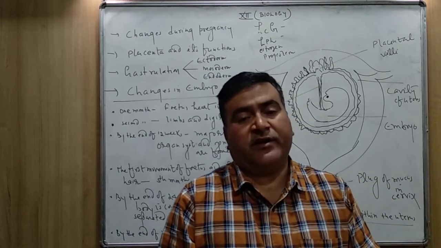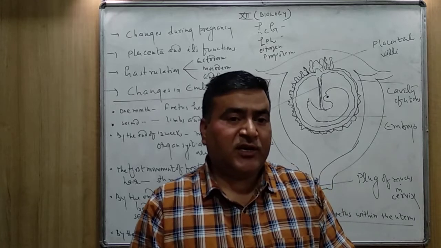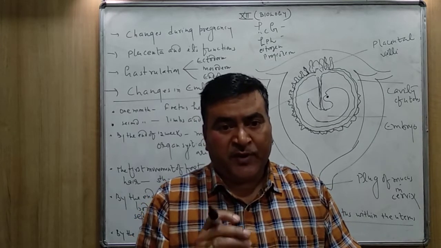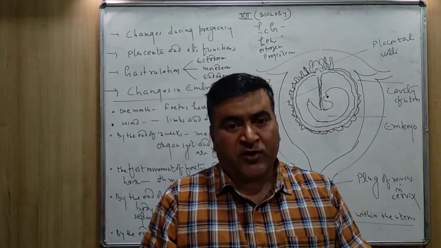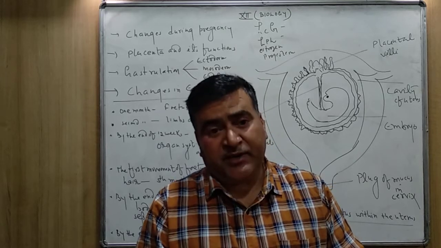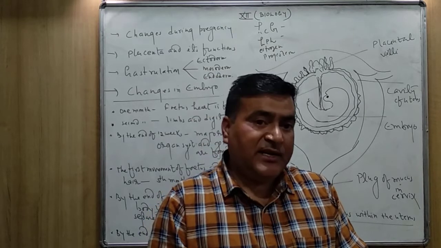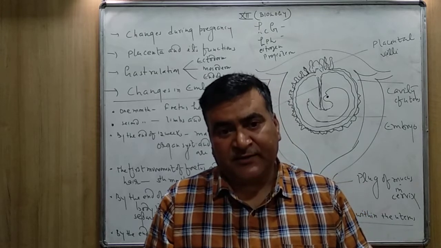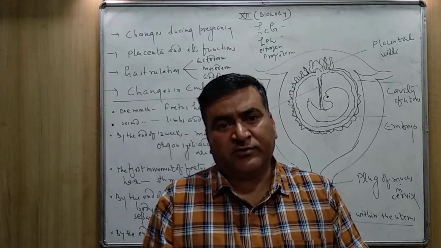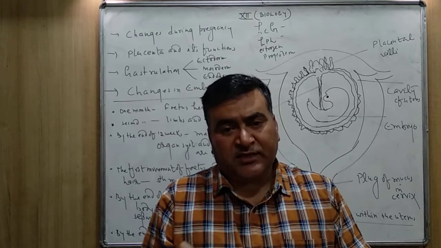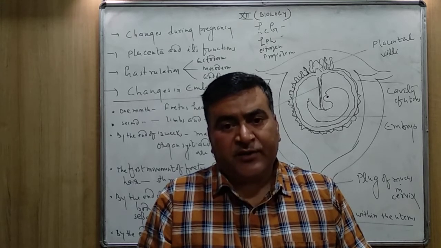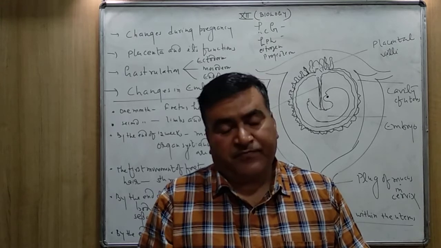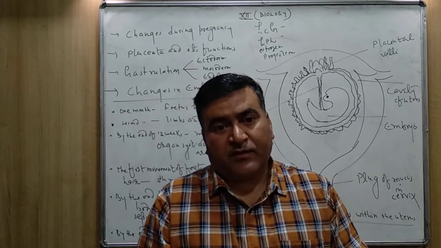Please note down anywhere. These hormones are HCG, human chorionic gonadotropin, HPL, human placental lactogen, and the third one is relaxin. These 3 hormones are secreted only during the pregnancy time.